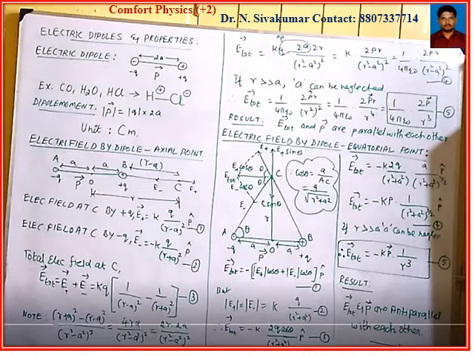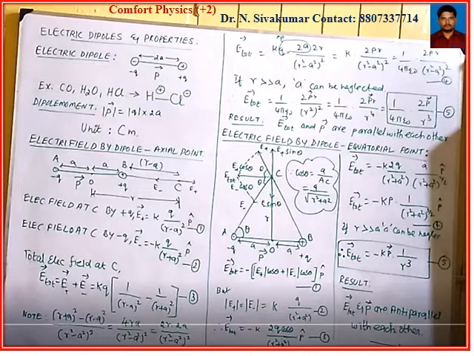So both of these charges will develop the resultant electric field, that is E total, along C, that is in the left direction. But now the electric field at point C due to positive charge is E plus. Now one can resolve this E plus as E plus sin theta, E plus cos theta.